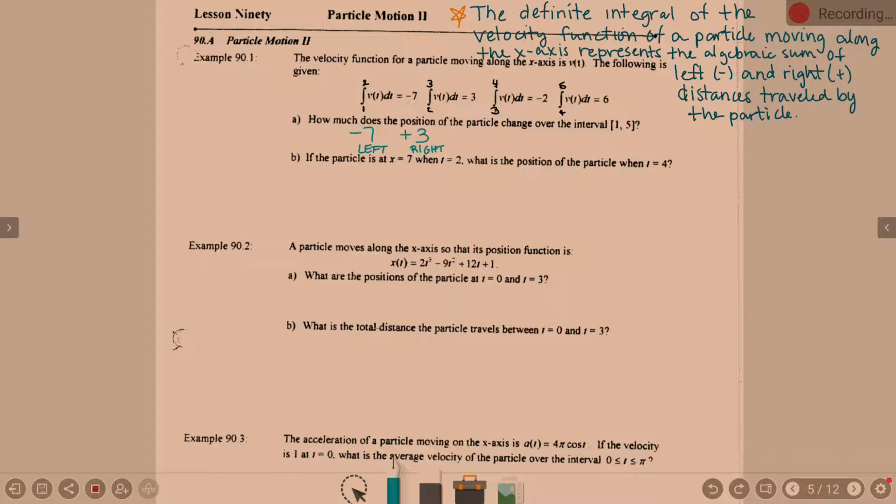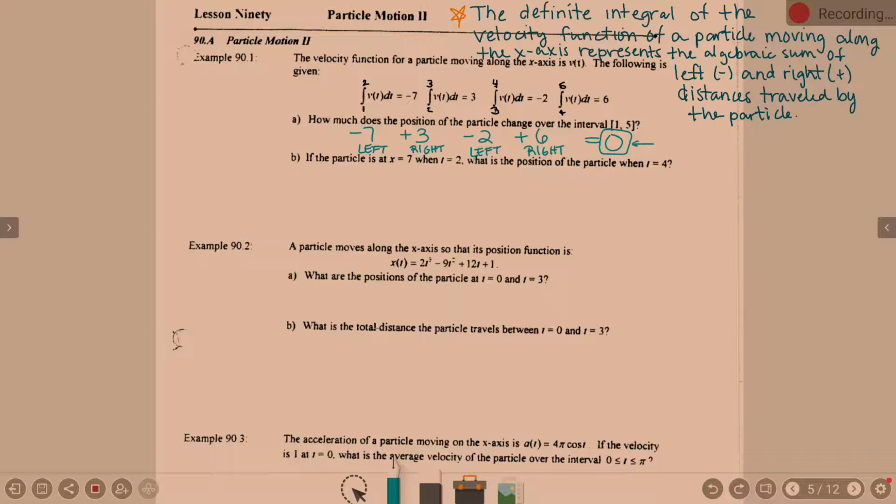Then the interval from 3 to 4, you're going to go left 2. And the interval from 4 to 5, you're going to go right 6. Well, if you go left 7, back right 3 puts me at -4. Left 2 is going to take me back to -6. Right 6 takes me to 0.